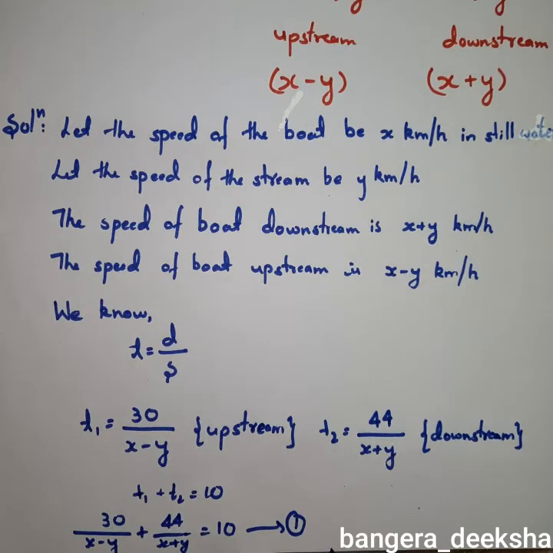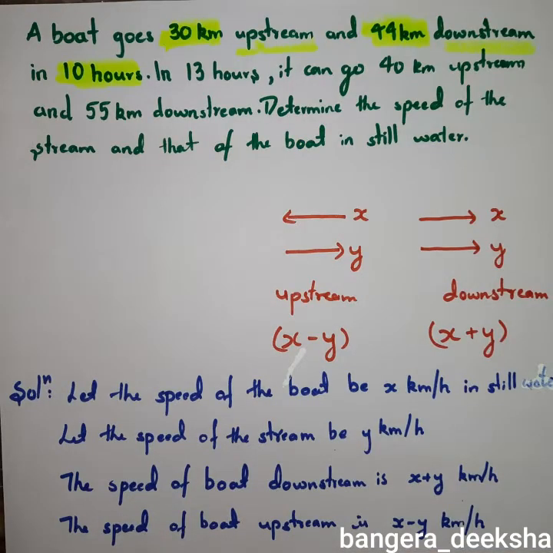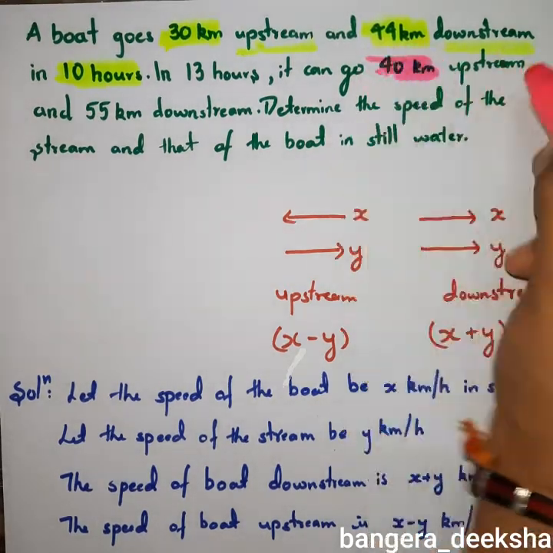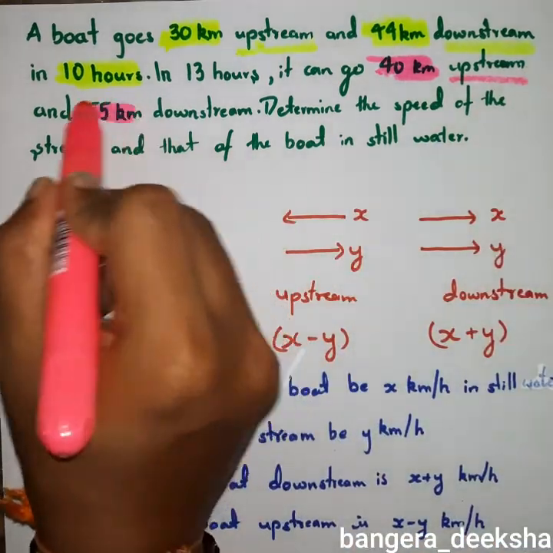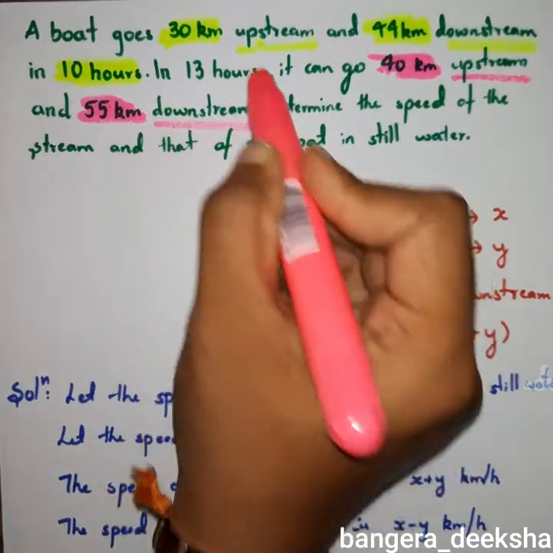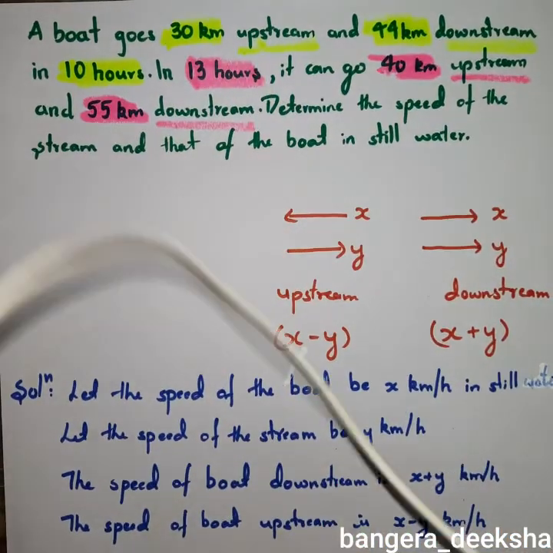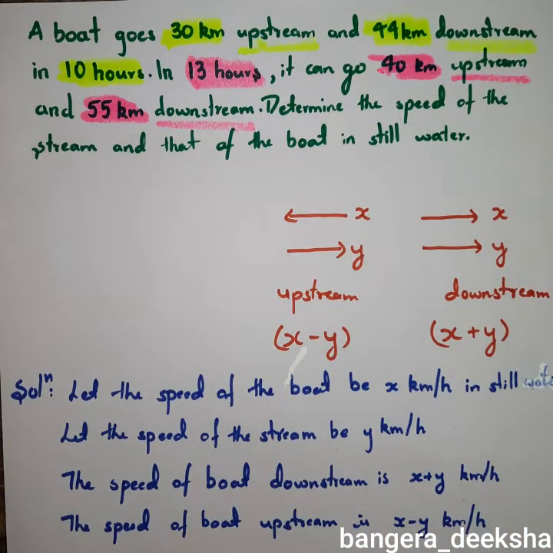Similarly, we'll write for the other case, that is 40 kilometers upstream, 55 kilometers downstream in 13 hours. The first one we wrote was 30 kilometers upstream, 44 kilometers downstream in 10 hours, and we got the equation 30 divided by x minus y plus 44 divided by x plus y is equal to 10.